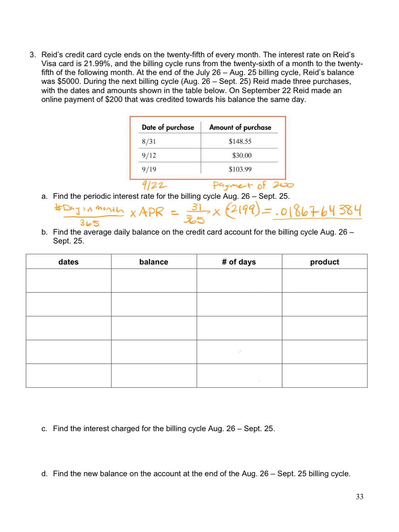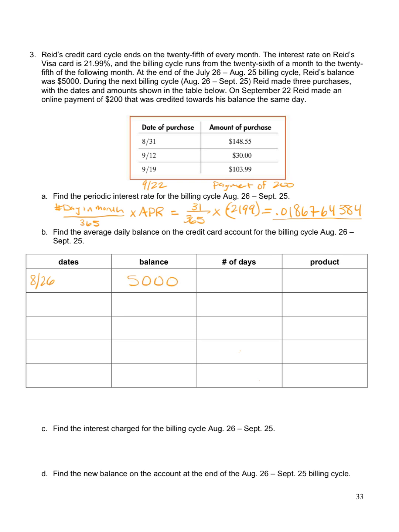Find the average daily balance on the credit card account for the billing cycle August 26th to September 25th. Okay, so we're going to fill in this table with some dates and balances. So on the very first day of this billing cycle, 8/26, the balance was $5,000.